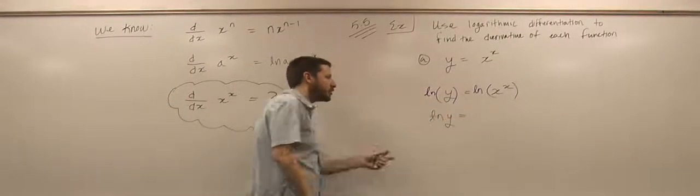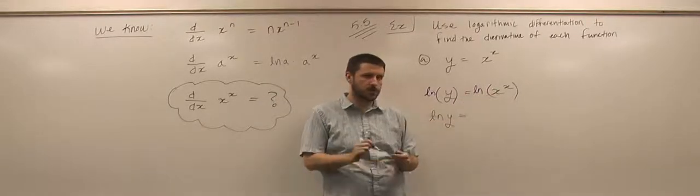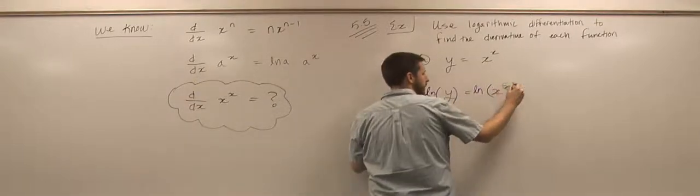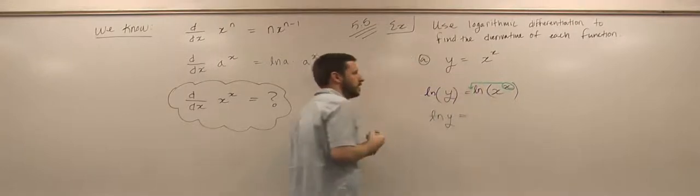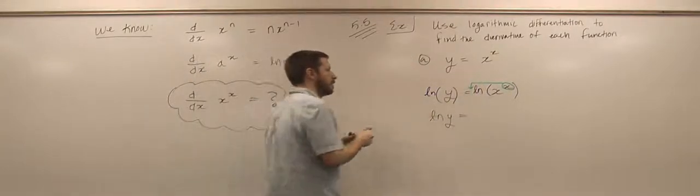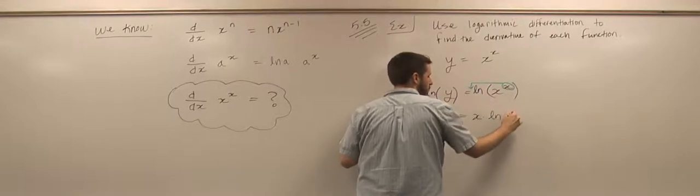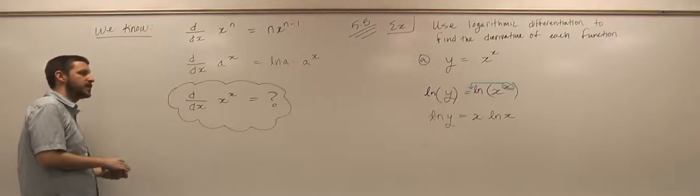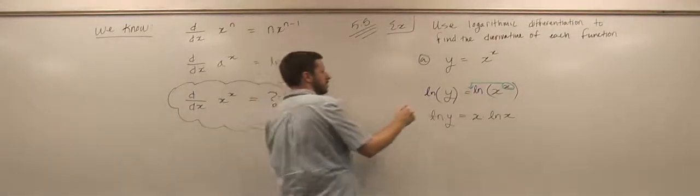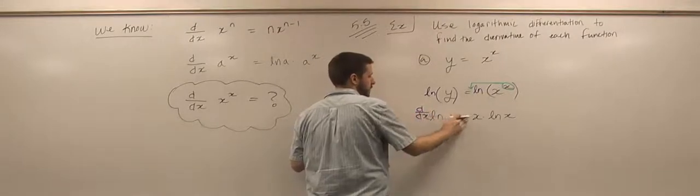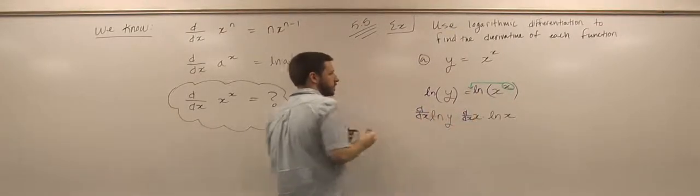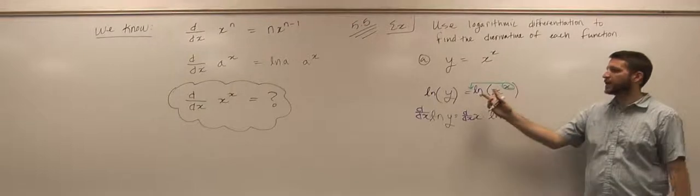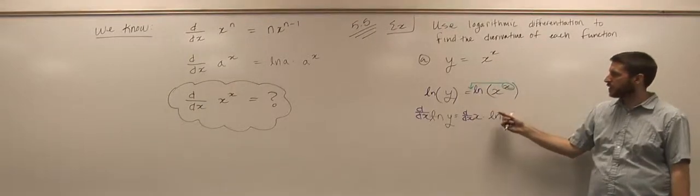But on this side, I introduce the natural log so I can apply my log rule. My log rule lets me take down any exponent, whether it's a variable or not. It lets me take this down in front. And then I can take the derivative of both sides implicitly, with respect to x. So I introduce a natural log to bring down the exponent, and then I derive.